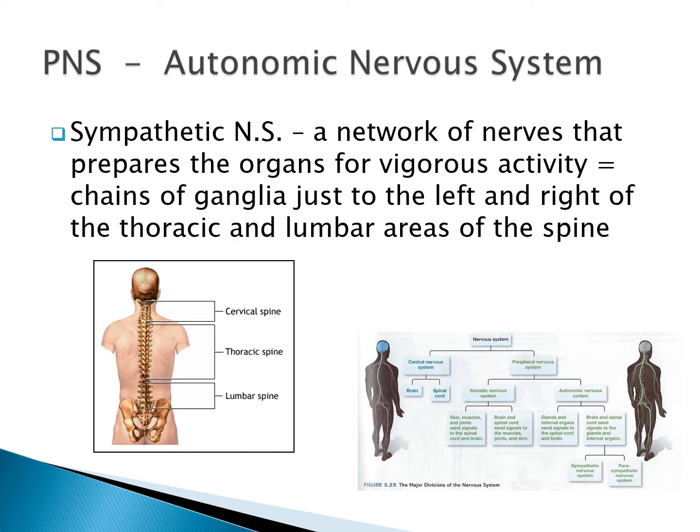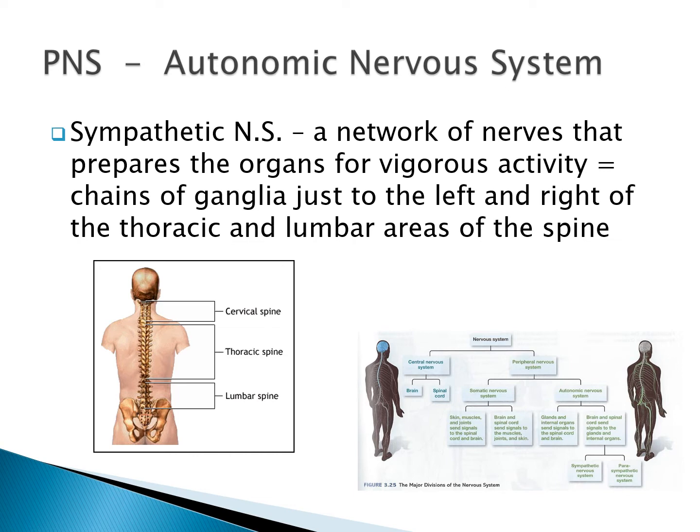There are these chains of ganglia just to the left and the right of the thoracic and lumbar areas of the spine. If you look at the picture on the left, we see the cervical spine, below that the thoracic spine, then the lumbar spine, and below that is the sacral spine, which I'm also going to talk about in a minute. You can see that the thoracic and the lumbar areas are right next to each other.